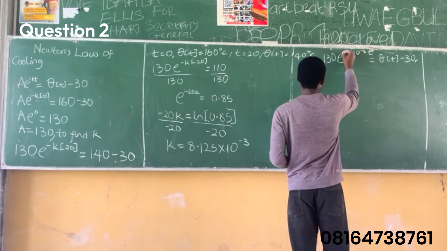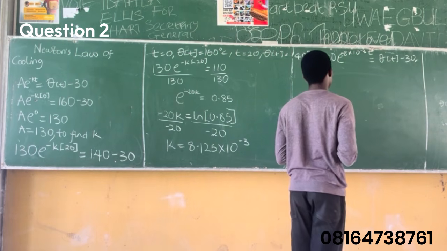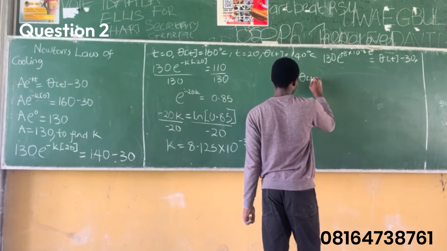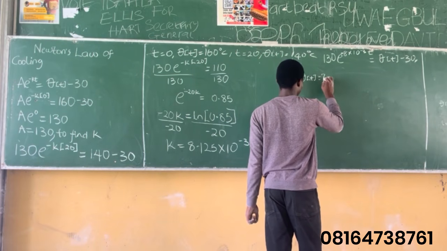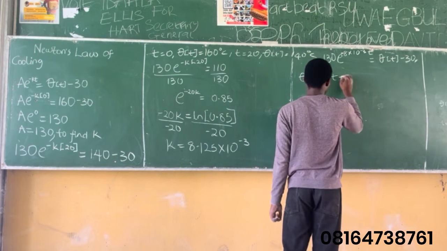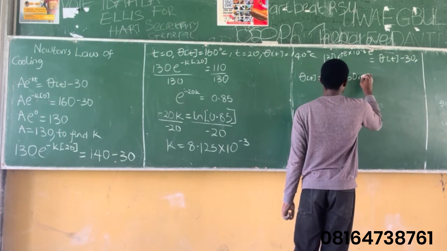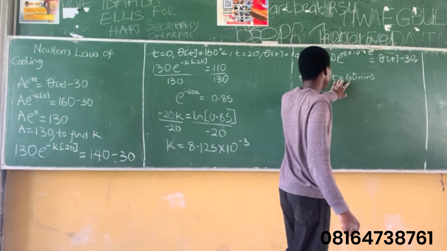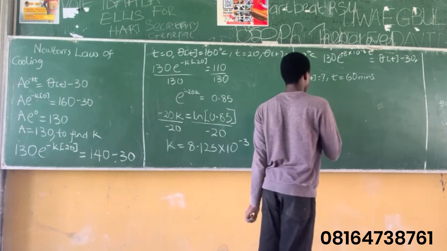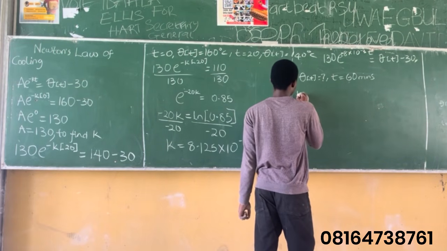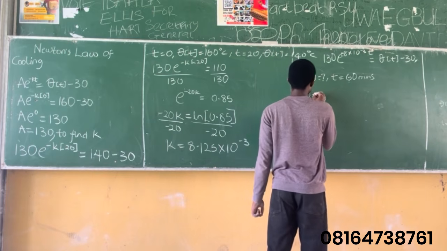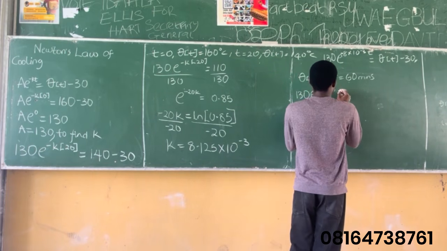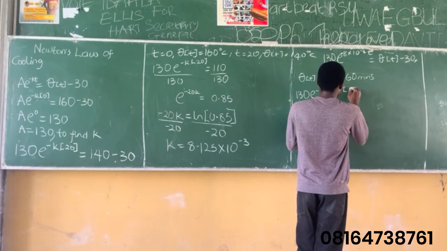We forgot our minus over here. So at theta t, we don't know our temperature, but they gave us our time, which is equal to 60 minutes. So now let's put t equals 60 into this equation: 130 e^(-8 times 10^-3 times 60).